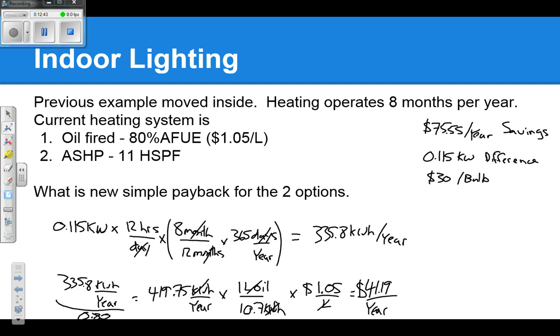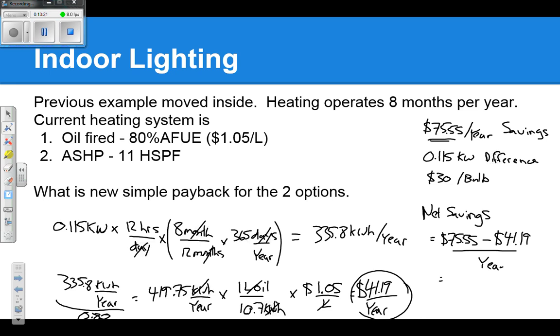Now when I look at my yearly savings, the 75 up here is how much I've saved in electricity. But now all of a sudden I'm spending this much more in oil. So I need my new, or net, savings, which is equal to the electrical savings minus my oil cost, and this is all per year.